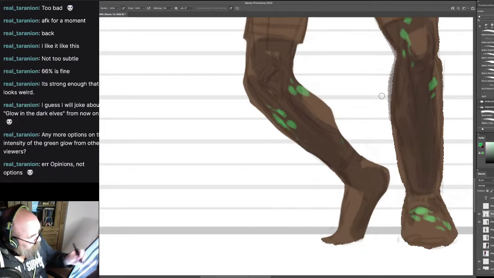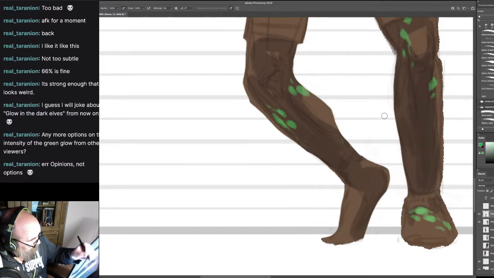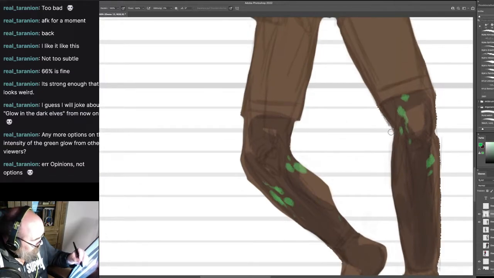I have to repaint the foot a bit after deleting stuff.